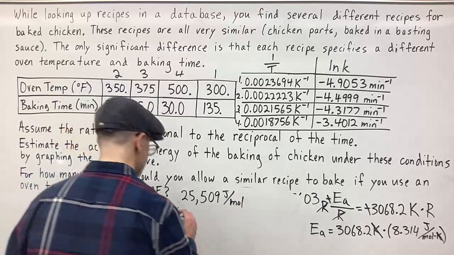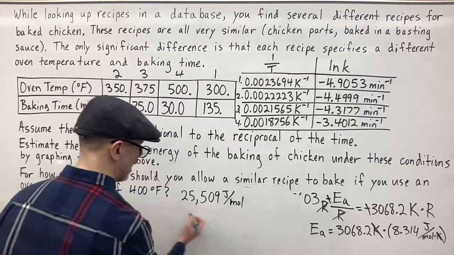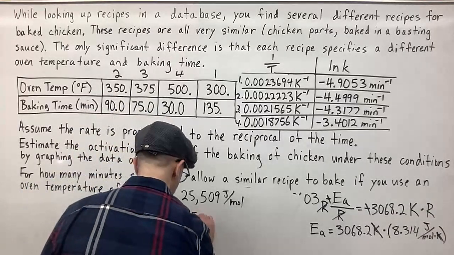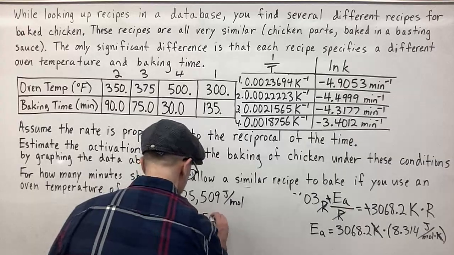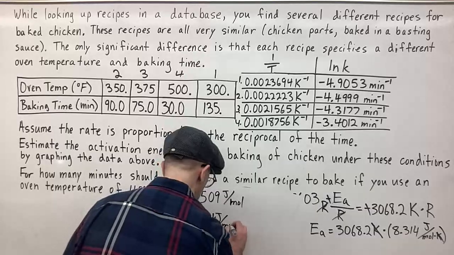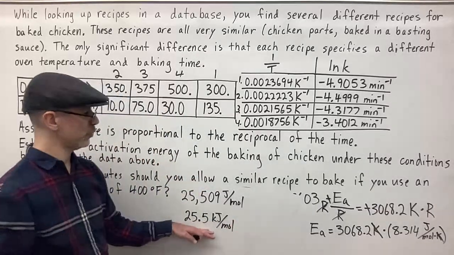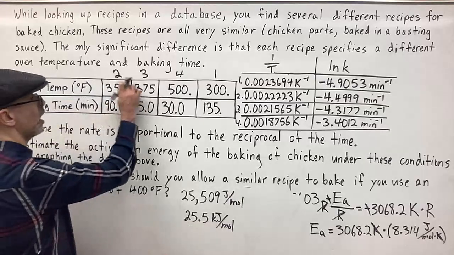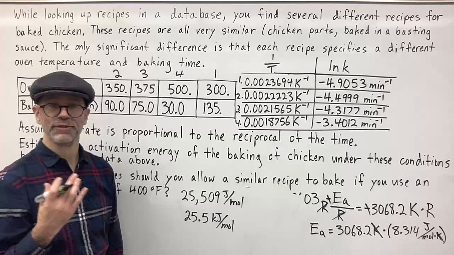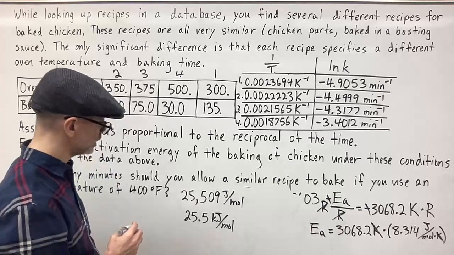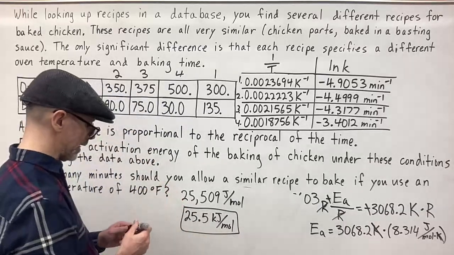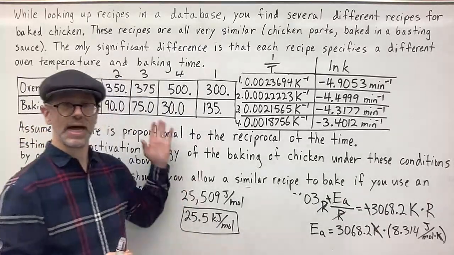So if we convert that to kilojoules, we're going to divide by 1,000, so that's going to be 25.5 kilojoules per mole. And we're going to limit to 3 sig figs because if you notice here, all of our data is given in 3 sig figs. So that would be the activation energy for the baking of chicken based on the data.